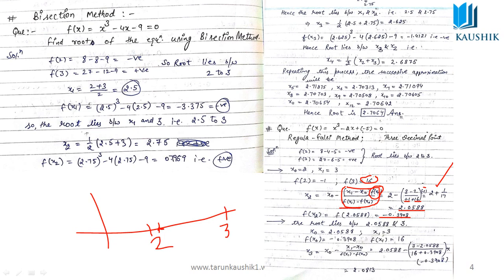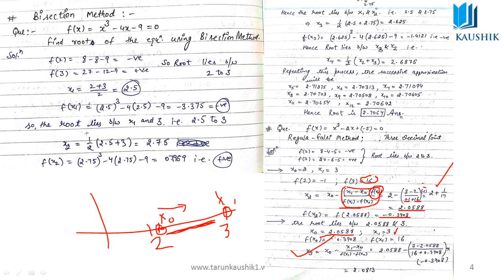Okay, so if we calculate the value of the function at this point, and if this comes out to be negative, what we have studied is that if the value comes out to be negative, then where will we proceed? Towards the right side. So the root will be lying from where to where? From this point to this point. The root will be lying between these two only. Okay, so this will become x naught and this will become x1. So 3 will be x1 and x naught will be changed to 2.058.